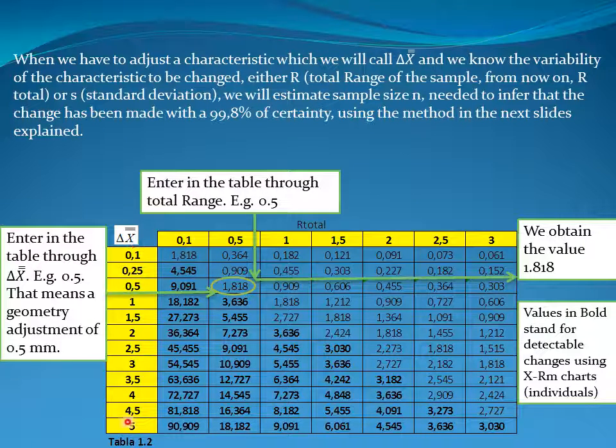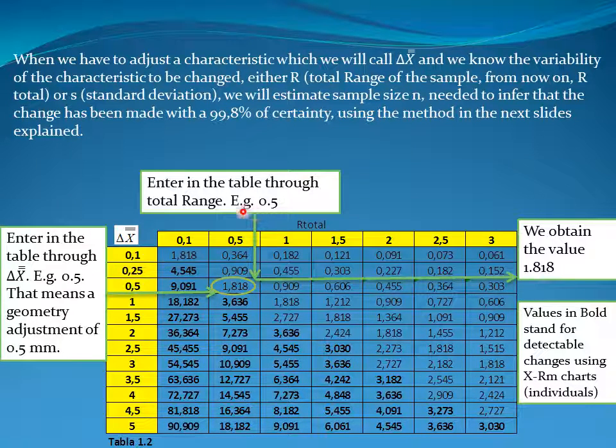And here we have the change we would like to detect, or the change of the characteristic that we have already planned, and of course we would like to detect as well.